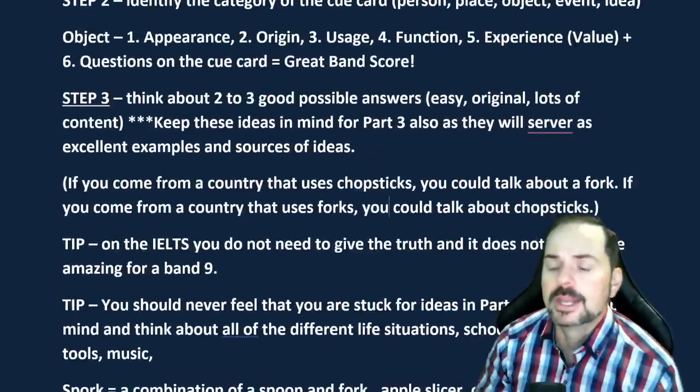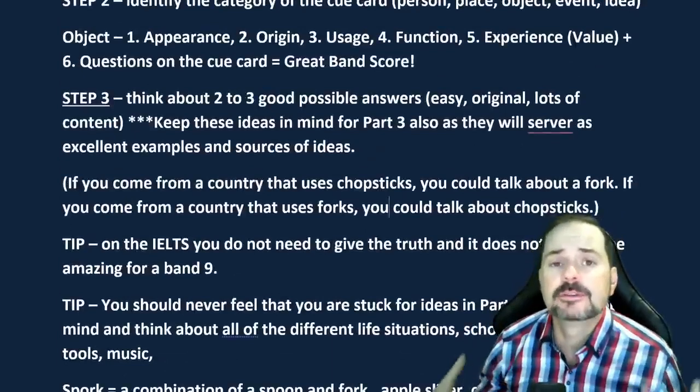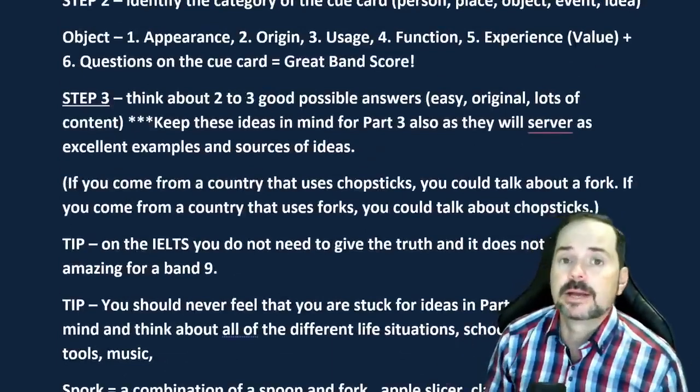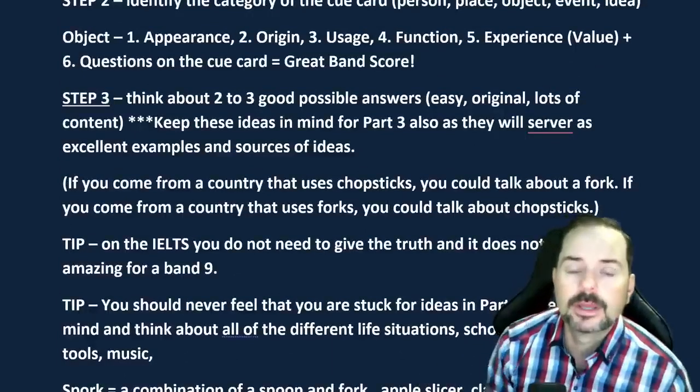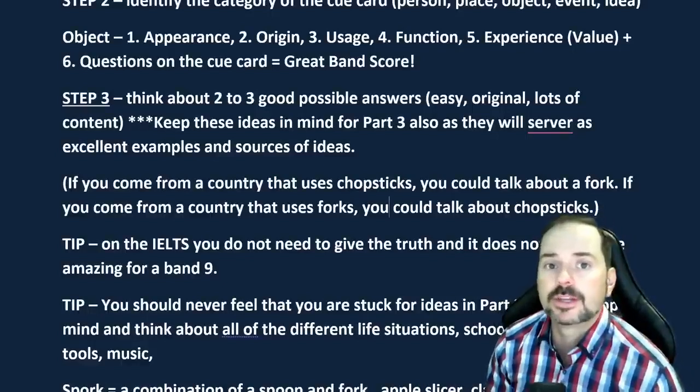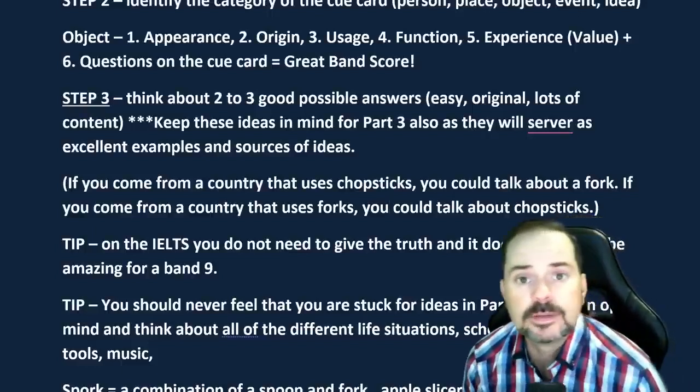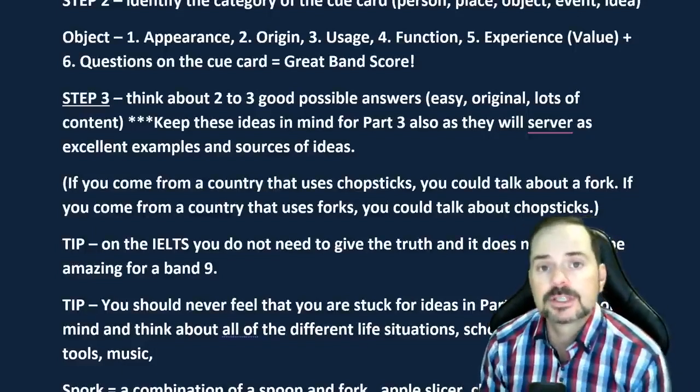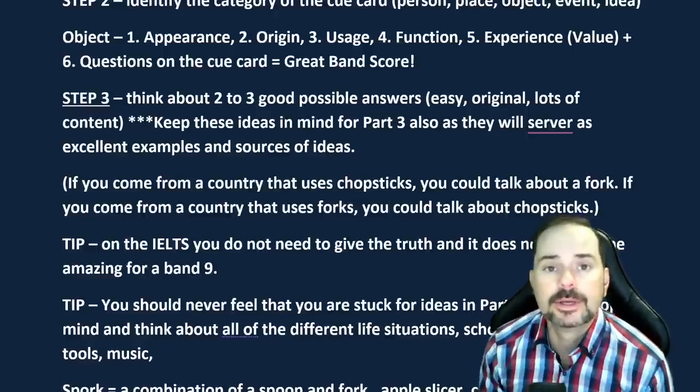All right, and again, for the IELTS, it doesn't have to be amazing. So for example, if I live in Vietnam and I use chopsticks most of the time, then I could say an unusual object that I have seen is a fork. In Vietnam, most people eat with chopsticks, and forks are not so common.